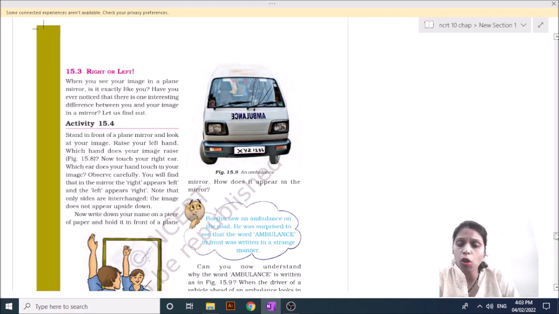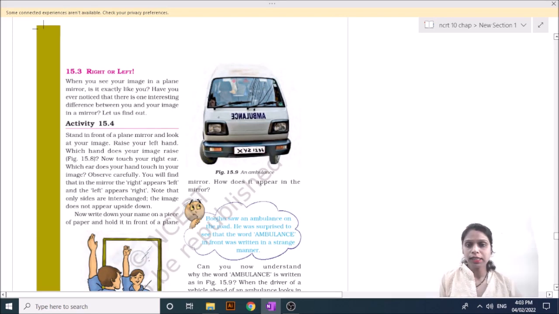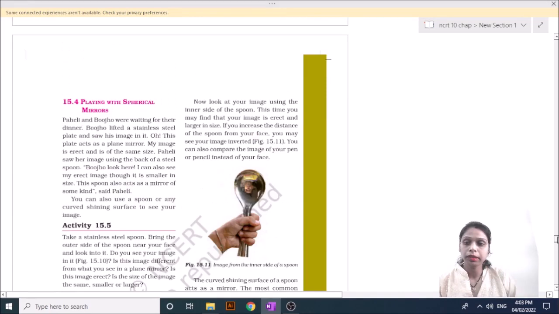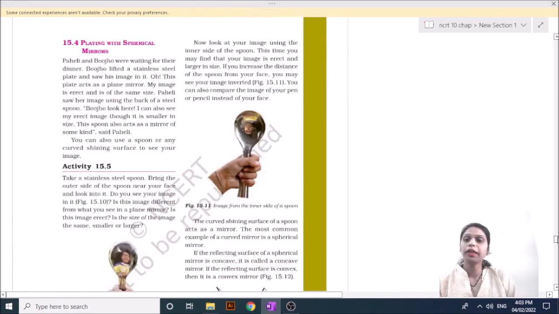That's why on an ambulance, the word ambulance is written like this. When you see it in the plane mirror of a vehicle in front, it shows in this way. Okay, then it is also a characteristic of a plane mirror.